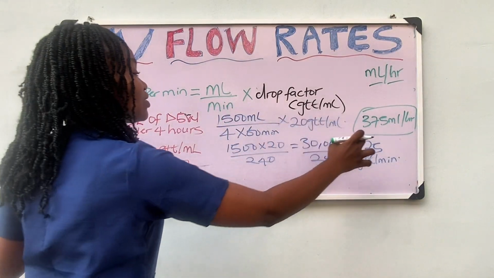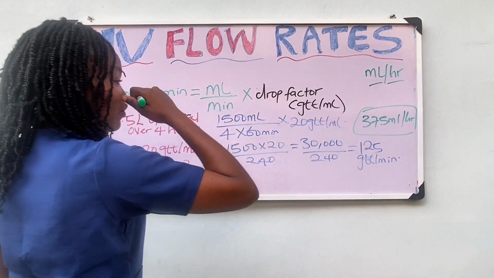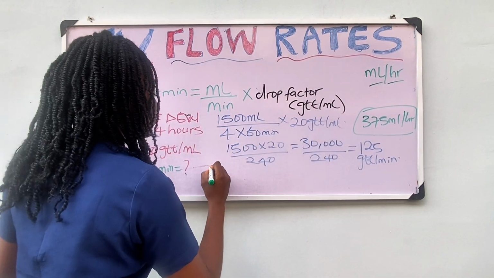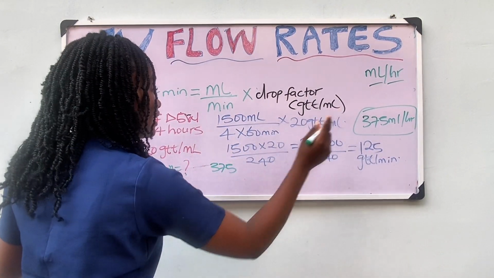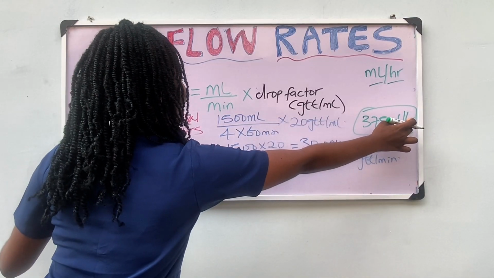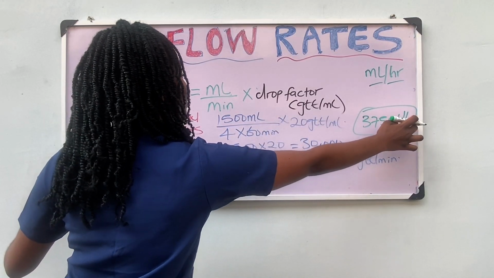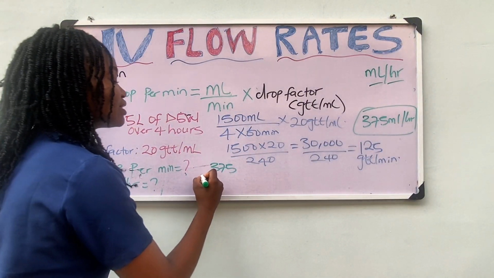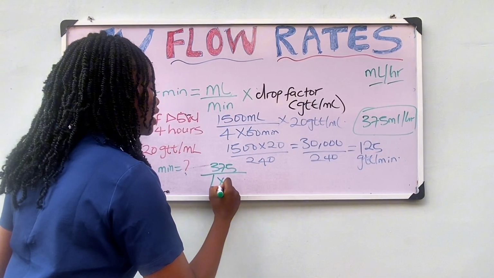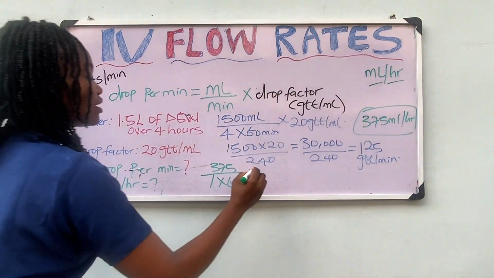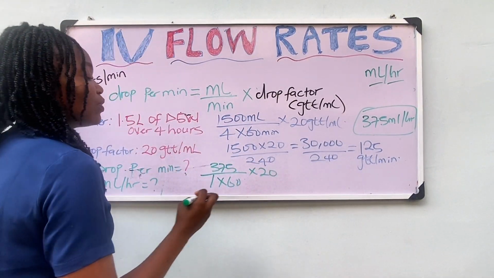The best way to cross-check is to use these for our order. Let's imagine that we had an order of 375 milliliter per hour. So 375 milliliter was supposed to be infused in an hour, and we know that 1 hour is equal to 60 minutes. So we're going to do 1 times 60, multiplied by our drop factor of 20. What's that going to give us?